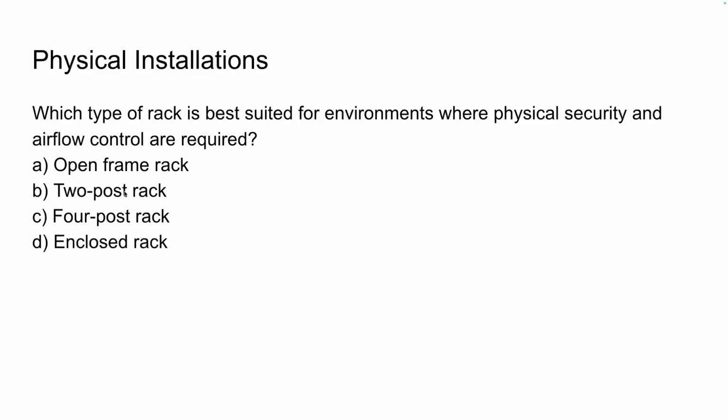And I can't imagine that you would have a 2-post enclosed rack. So you would only be able to have a 4-post enclosed rack. So the 2-post and the 4-post concepts are more relevant to the open frame racks. And then in this particular question, we're talking about physical security being a thing. So obviously it's enclosed rack.